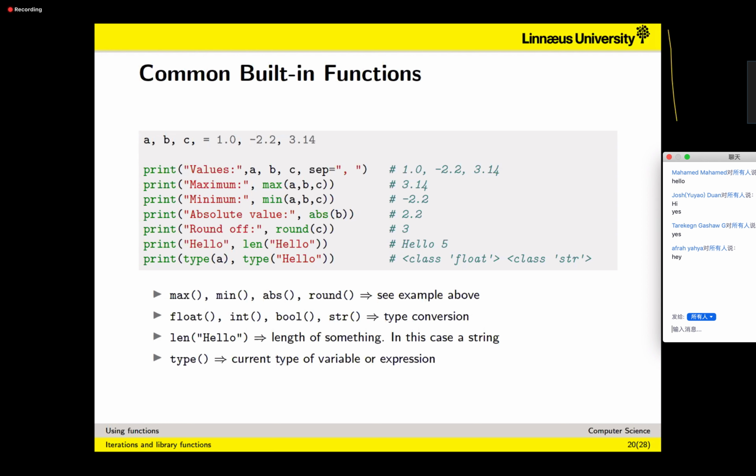You can give min and max any number of variables, and it will find the smallest or the largest one. I think in a previous lecture I showed that if I had written round, comma, 2, it would give two decimals precision. But if you don't give any decimal precision, it will give the closest integer.